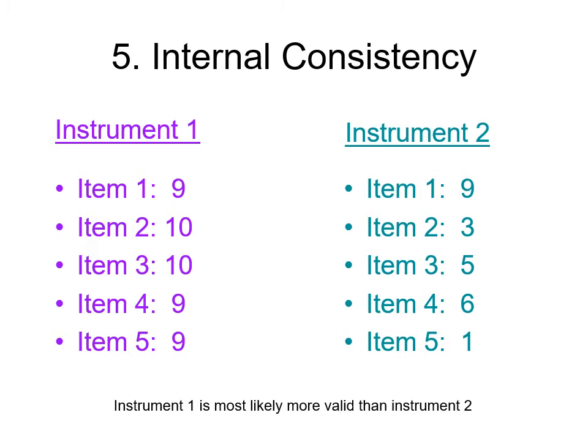So when you see something that has high internal consistency, when you see the data are tightly correlated like this, then this is an indicator that your instrument one is most likely more valid than instrument two.